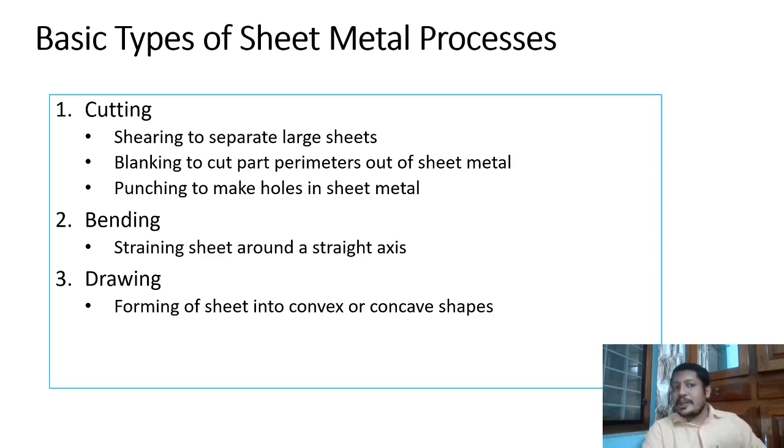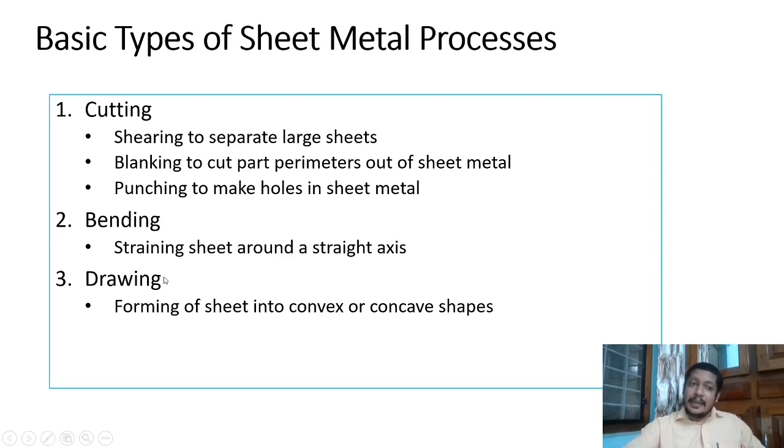Then the next operation, which falls under the category of cutting itself, is called blanking. Blanking is nothing but cutting a useful part from the sheet, which will be further processed for drawing or forming operations.